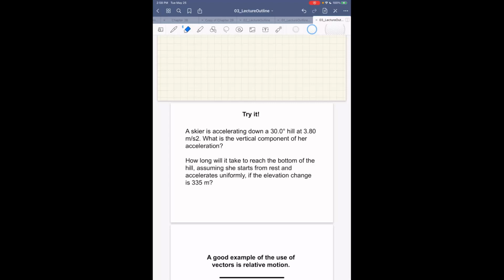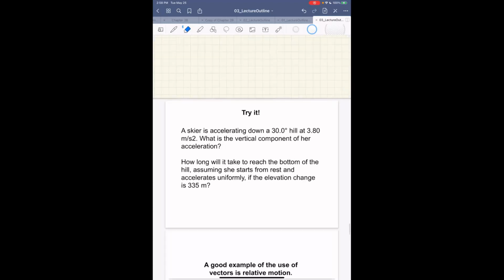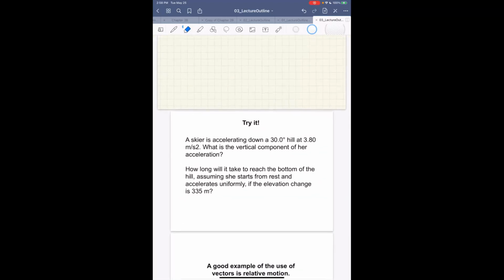We have a skier that is accelerating down an incline, and it is 30 degrees. The acceleration is 3.8 meters per second squared, and we are asking what is the vertical component of her acceleration.